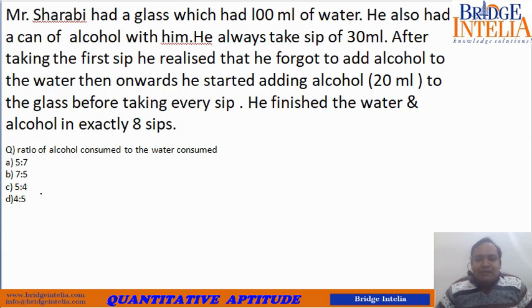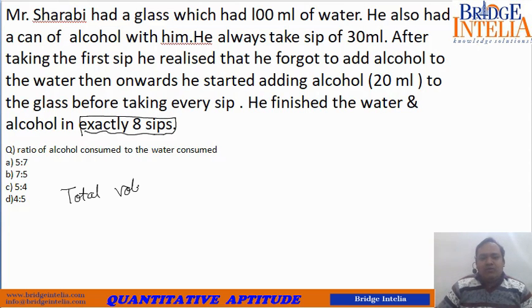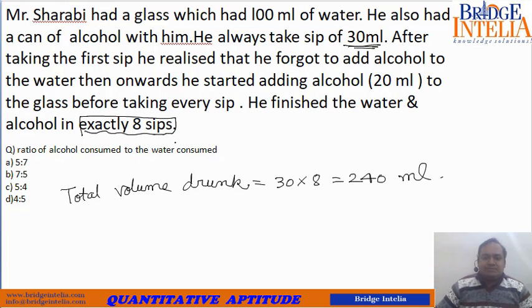Now what do we have to calculate? We have to calculate the ratio of alcohol consumed to the water consumed. What do we know? He has taken exactly 8 sips. So the total volume he has drunk: in 8 sips, each sip 30 ml, so 240 ml is the total volume he drinks.